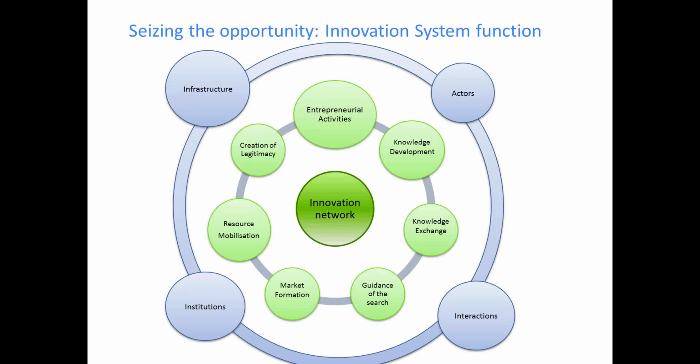And the way they interact, as I pointed out, we need to have them building relationships and talking to each other to be able to solve problems in those innovation networks.